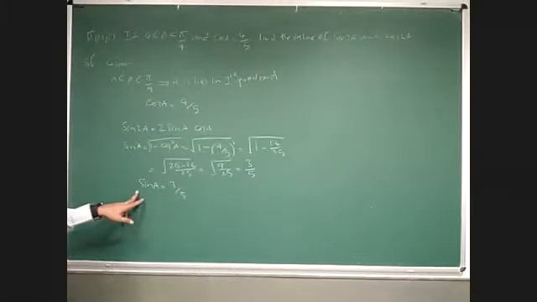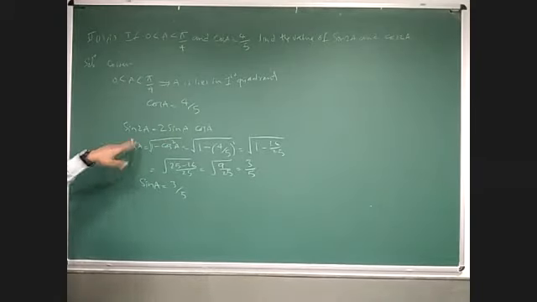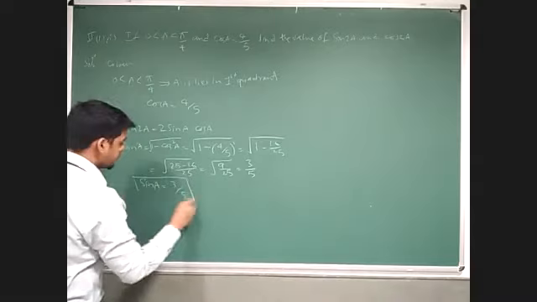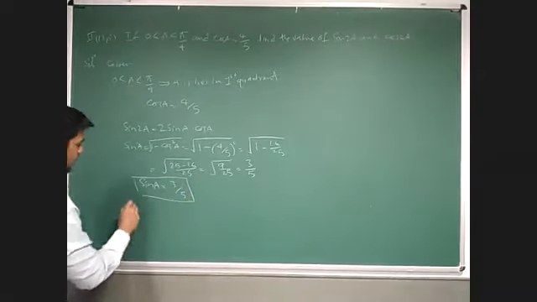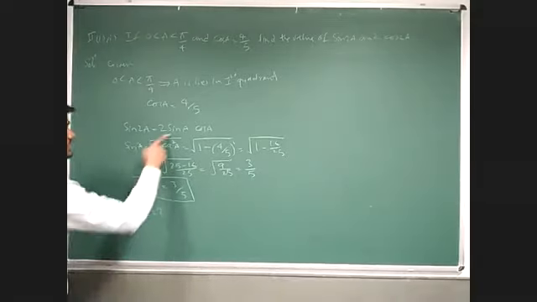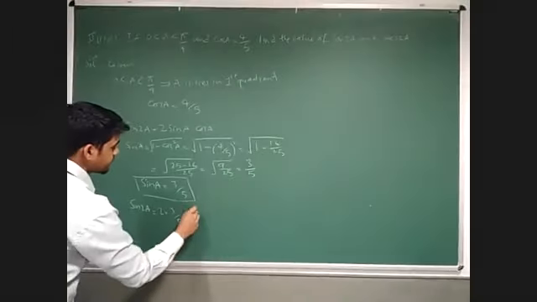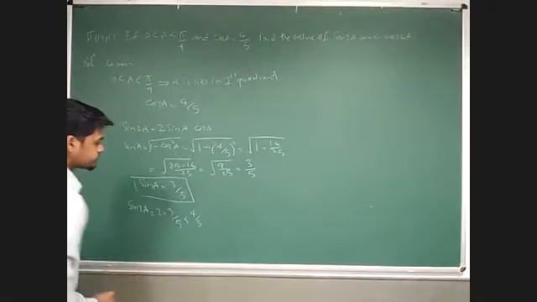Now we have the sine a value and cos a value. Put the values here and you will get sine 2a. Sine 2a is nothing but 2 times sine a, which is 3 by 5, times cos a, which is 4 by 5.